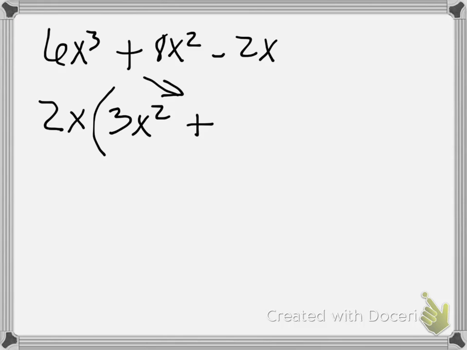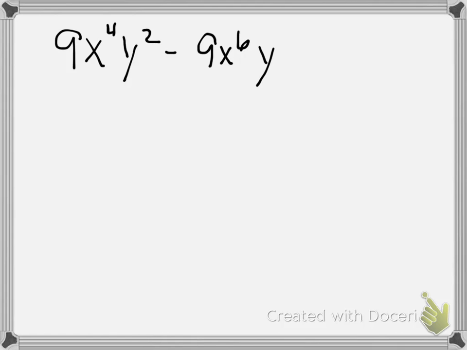Then what times 2 gives us 8? Well, 2 times 4 gives us 8. And then x times what would give us x squared? We need another x. Minus, what times 2 is going to give us 2? That'd be 1. And then what times x gives us x? It's 1, so we already have it. So we want to factor out the polynomial completely, and the answer would be 2x times 3x squared plus 4x minus 1.